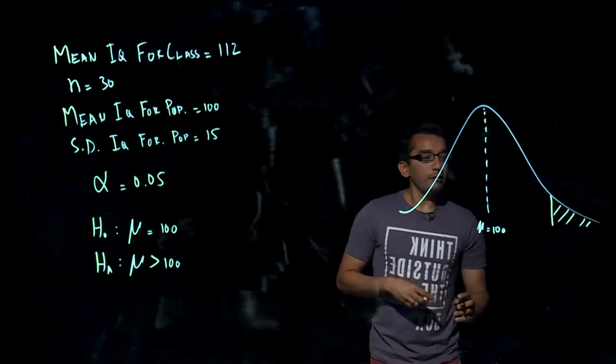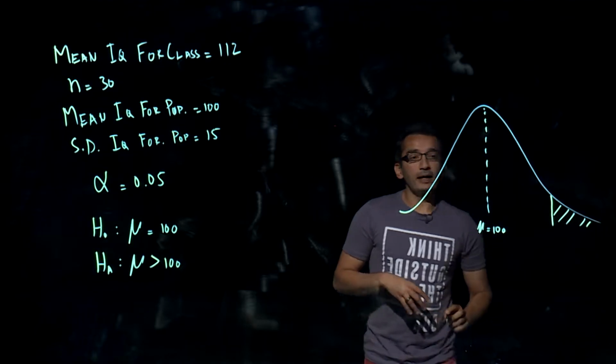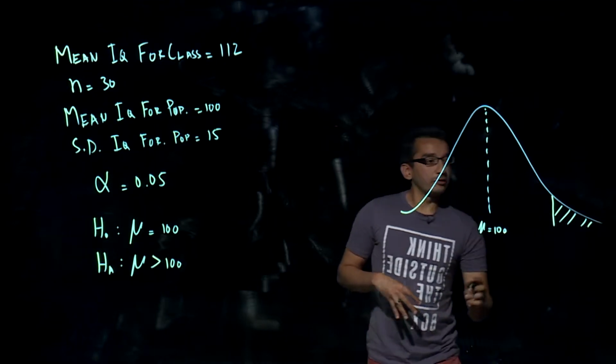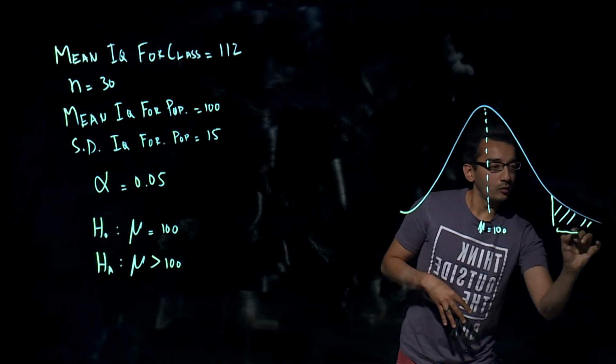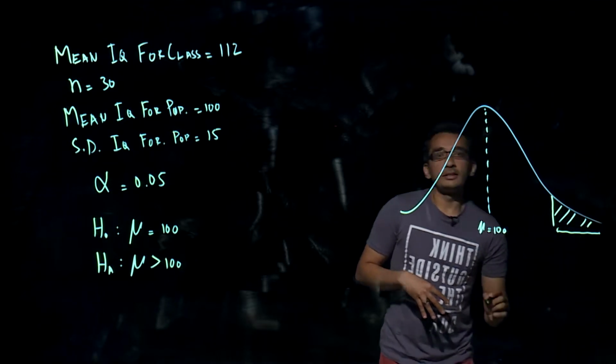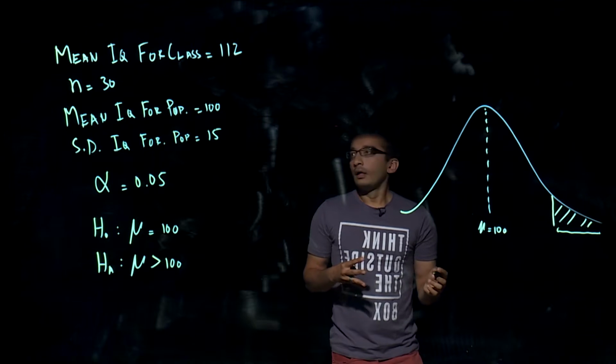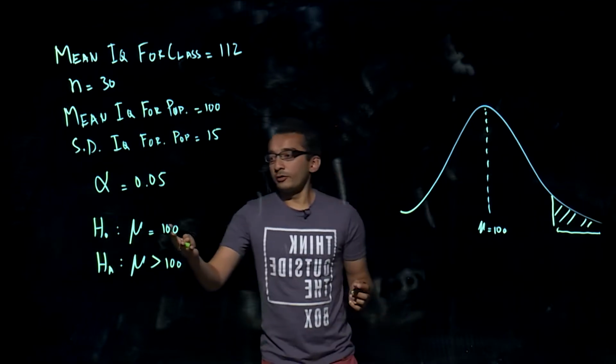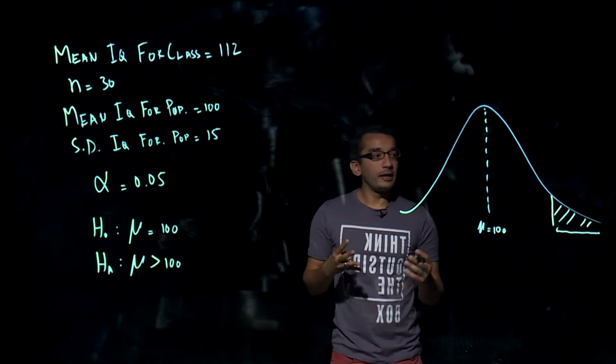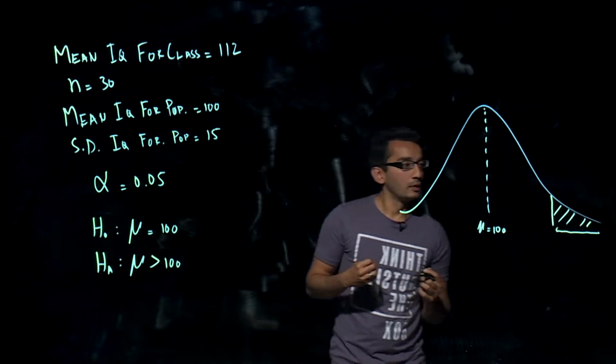So if we actually calculate a z value which falls within this area over here, then we can reject the null hypothesis of mu equals 100. Otherwise, we will fail to reject the null hypothesis.